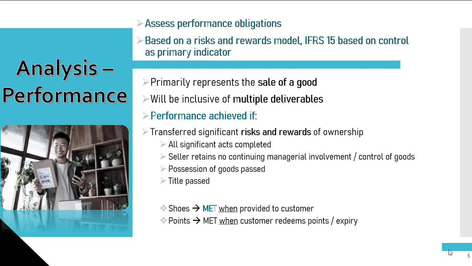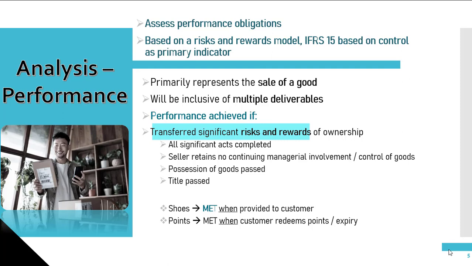Now let's begin to assess performance. It is important to note that while IFRS 15 was based on control, ASPE is based on a risk and rewards model. Because this is representative of a sale of goods in this transaction, we will assess the goods performance criteria, considering how this transaction has multiple deliverables. For performance to be achieved, several indicators need to be met. The first is that the risk and rewards of ownership are transferred.